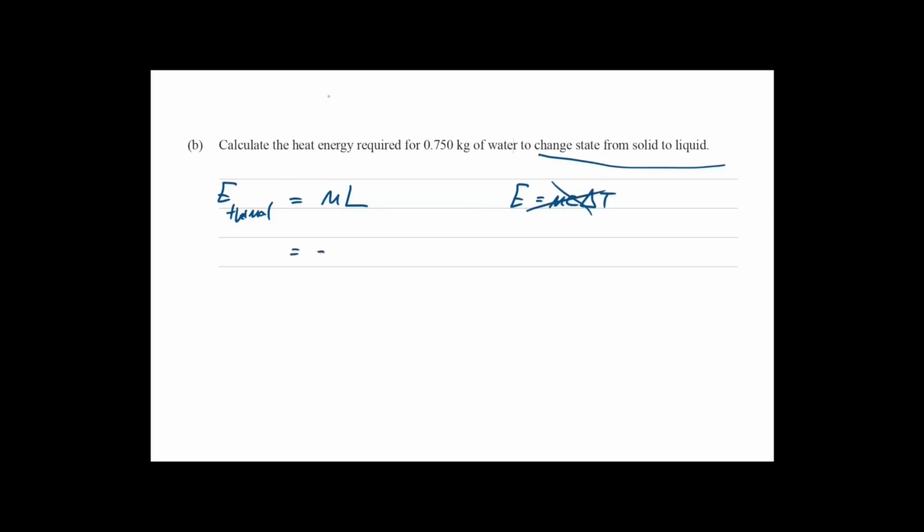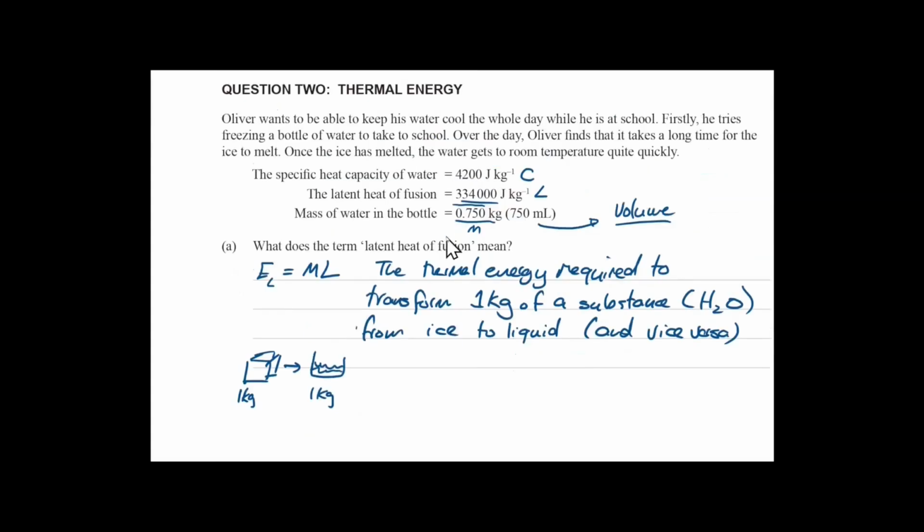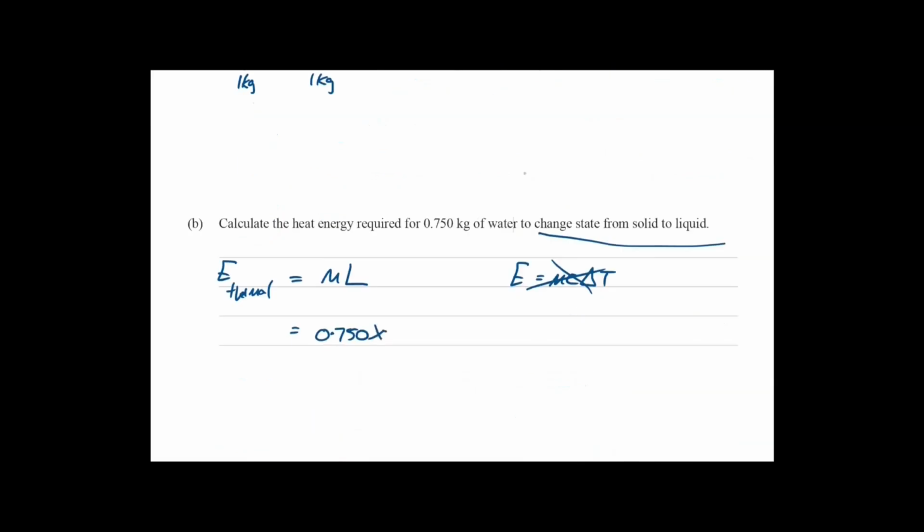The mass is given as 0.750 kilograms. It's already in SI units, so do not use the volume for this. We use the mass, and the L was given as this huge number here, times, I've got the formula sheet in front of me, so I'm just using that.